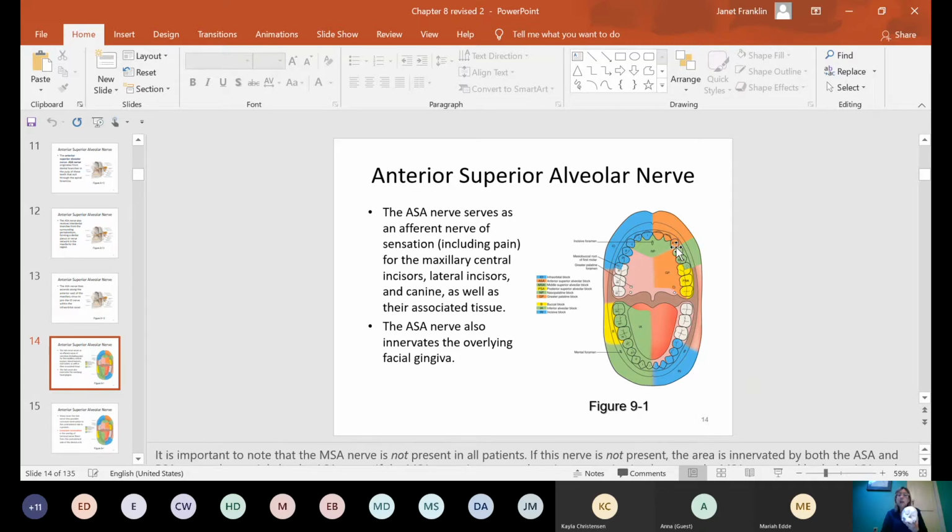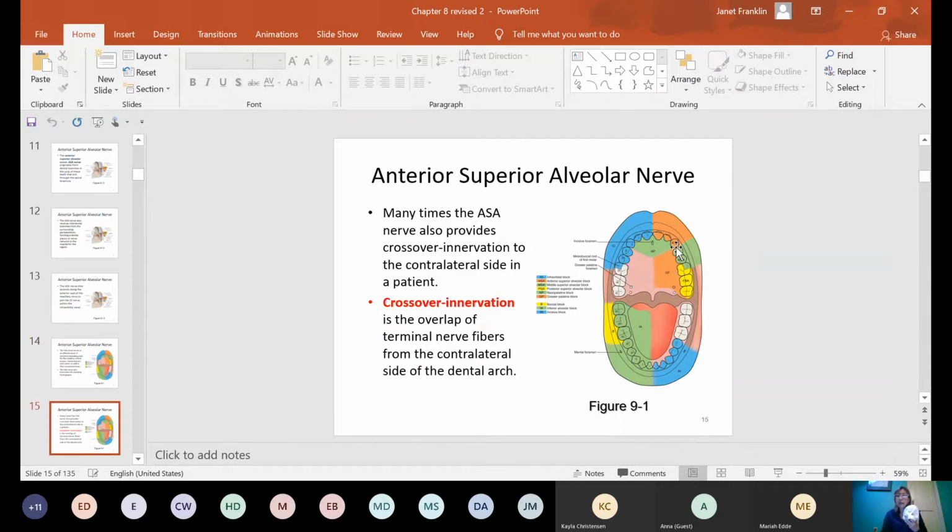Let's see, you can get something called crossover innervation on nerves. What that means is that the terminal endings of the nerve will cross over each other. So if your nerves are coming down on your anterior teeth, like this would be your right ASA, your left ASA, sometimes they'll cross over like this.